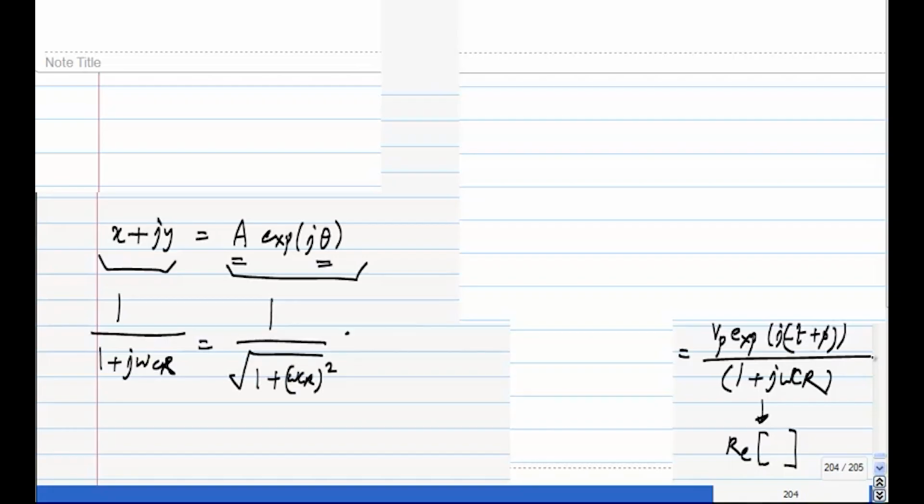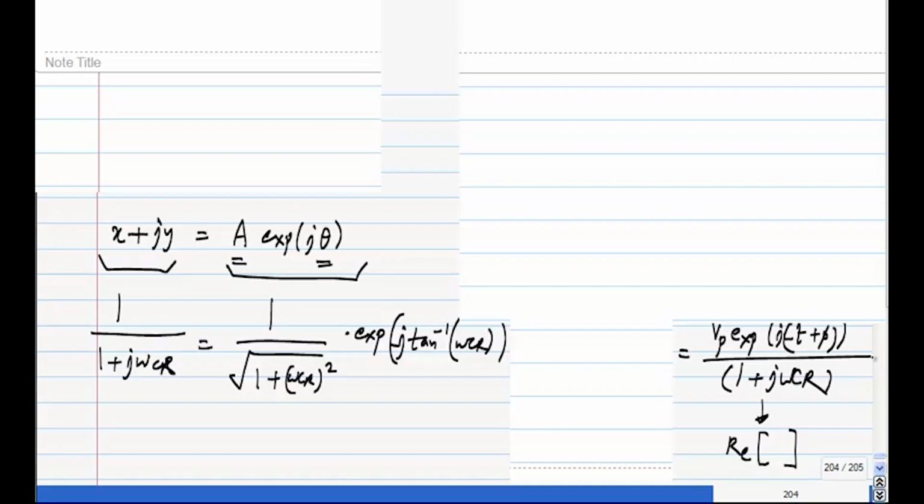That is the amplitude, and the argument is minus tan inverse omega CR. There are so many ways of doing it, or you rationalize so that you get a real denominator and then a complex numerator and so on.